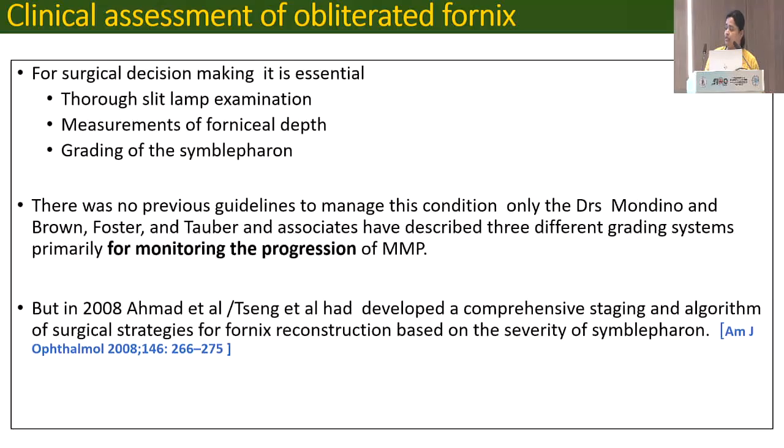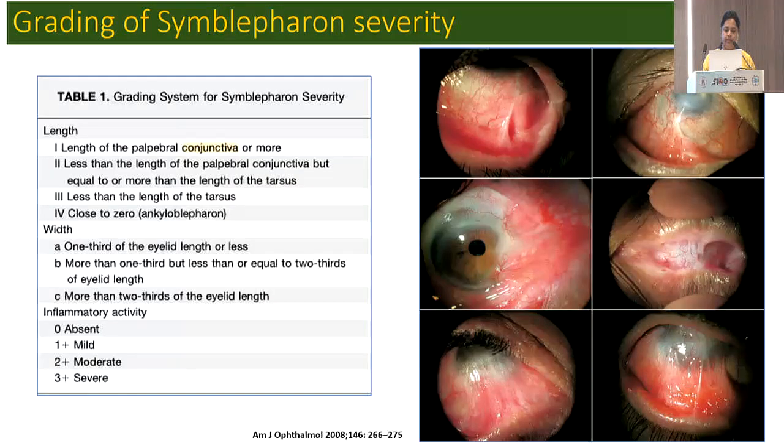However, in 2008, Dr. Ahmed and Dr. Singh et al. developed a comprehensive staging and algorithm of surgical strategies for fornix reconstruction based on the severity of symblepharon. This is the grading system they have used, which is basically based on the length of the symblepharon with inflammatory activity.